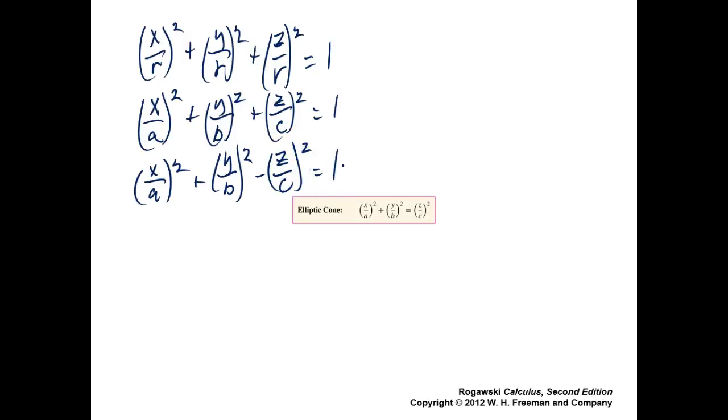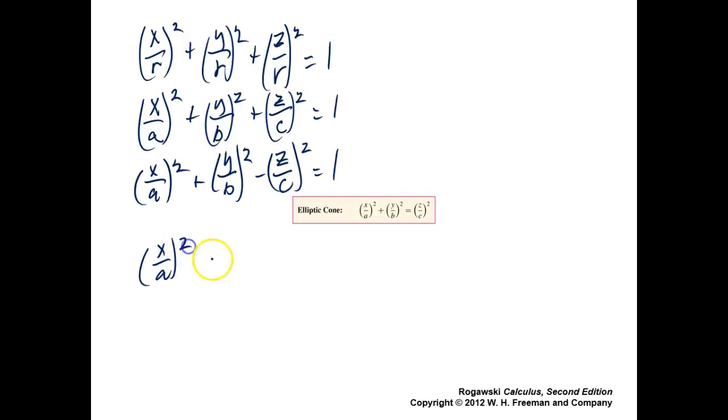What would that be? Yes, a hyperboloid of 1 sheet. Okay? And then, this is the way the book does it, but I like to do it this way.